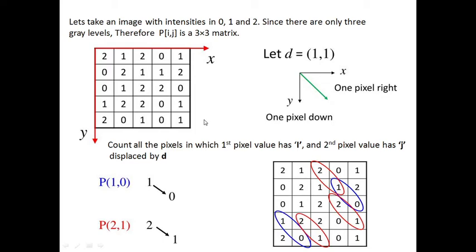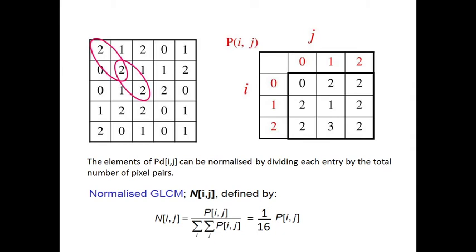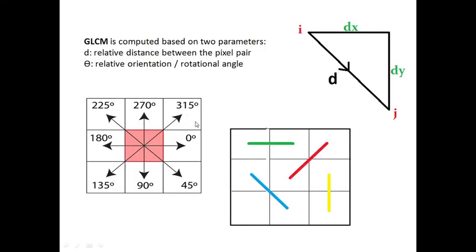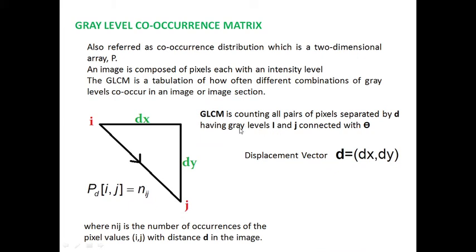This GLCM is computed using 2 parameters. This is my 5 cross 5 image, and the GLCM will be a 3 cross 3 matrix because I have 3 intensities. So how to find this GLCM matrix? One parameter is small d, the displacement vector, which is the relative distance between the pixel pair.